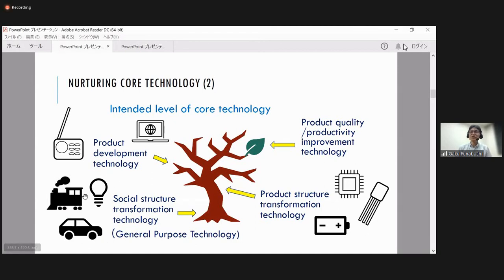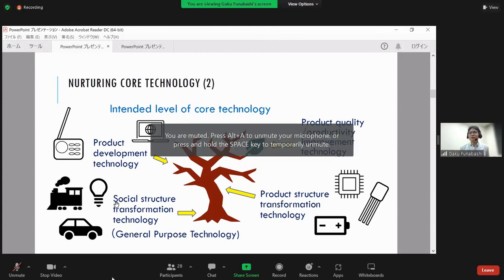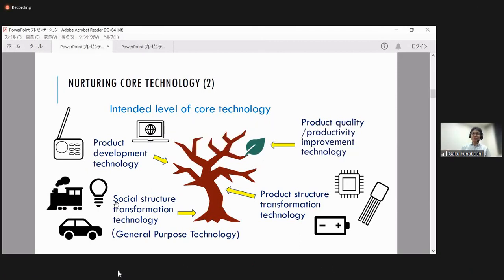For example, electricity. About 120 years ago, not many companies used electricity. With the introduction of electricity, the productivity of the company increased so drastically. The development and introduction of electricity changed people's life drastically.